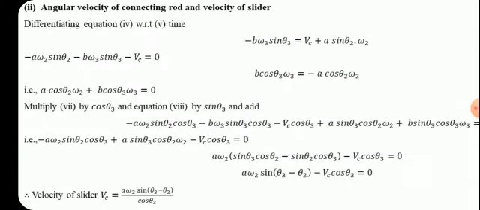b cos theta 3 omega 3 is equal to minus a cos theta 2 omega 2. a cos theta 2 omega 2 plus b cos theta 3 omega 3 is equal to 0.